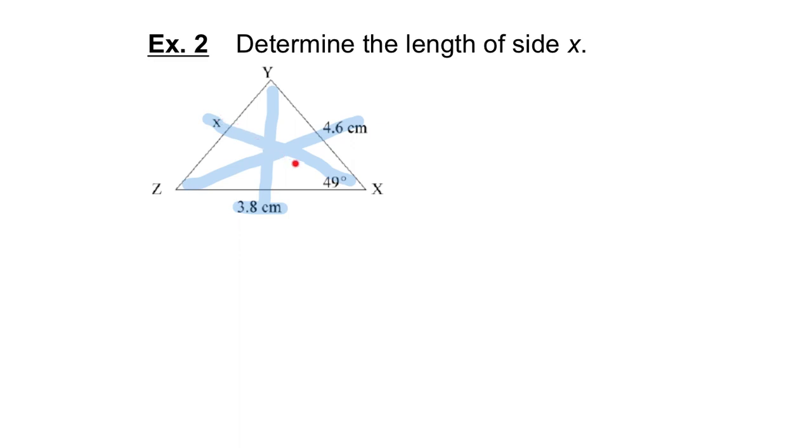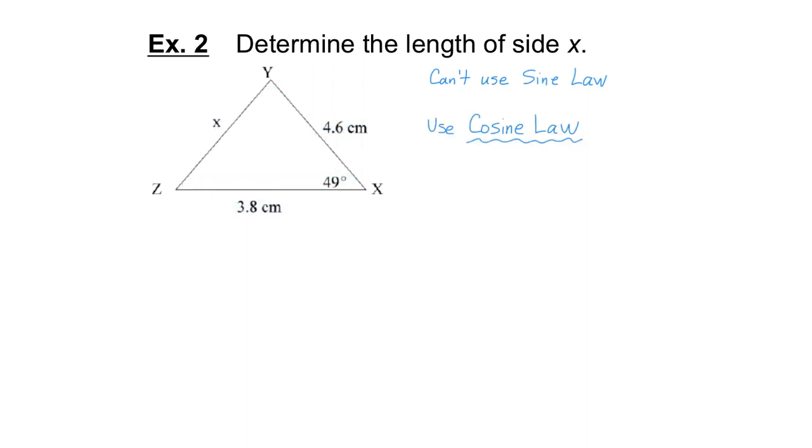Well, X matches with the 49-degree angle, 3.8 centimeters matches with angle Y, 4.6 centimeters matches with angle Z. I only know one angle, so I can't subtract from 180 to figure out what either of these angles are. So because I can't figure out what these angles are, I don't have a complete matching pair, which means I can't use the sine law. So I'm going to use the cosine law instead.